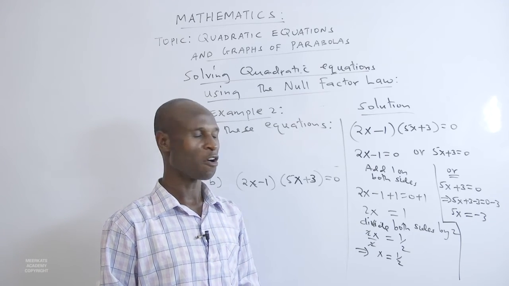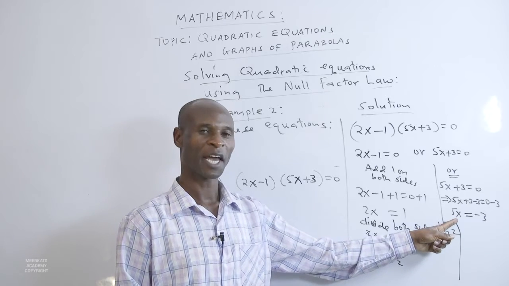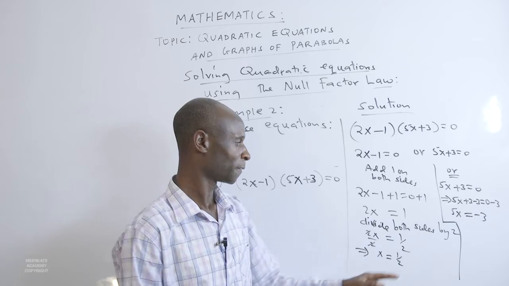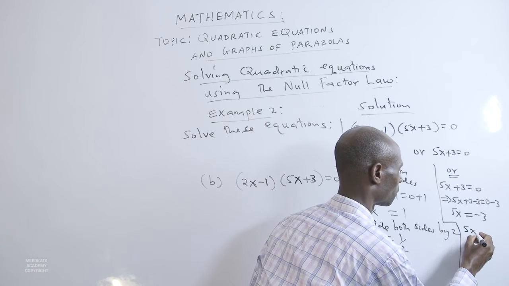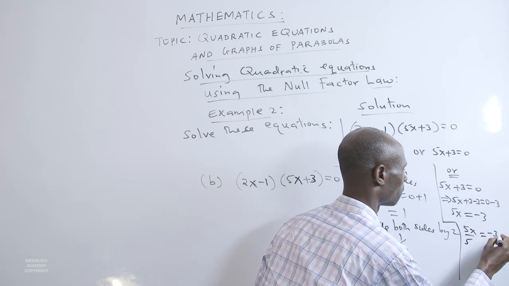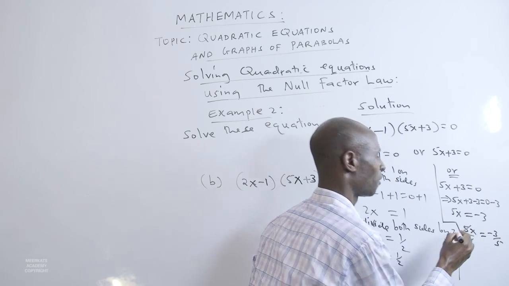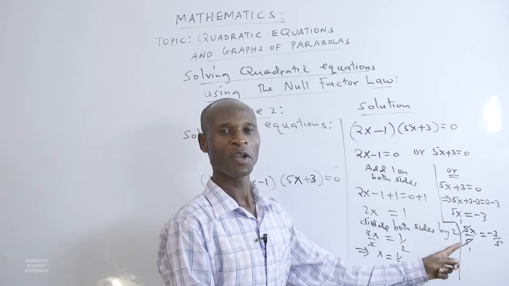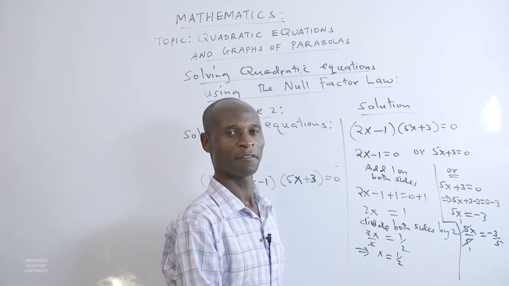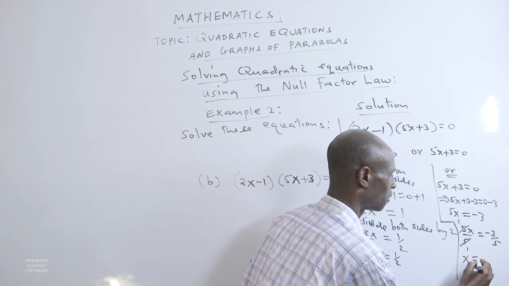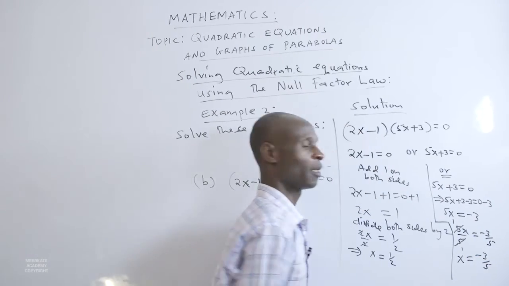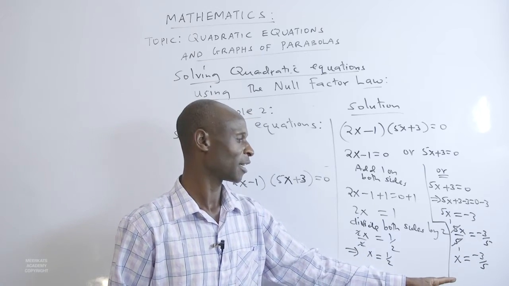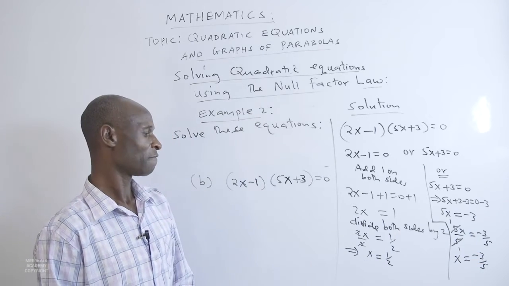To find the value of x, we divide both sides by 5, which is the coefficient of x. Five and 5 cancel. We are remaining with x on the left-hand side. Then on the right-hand side, minus 3 over 5 leaves us with negative 3 over 5.